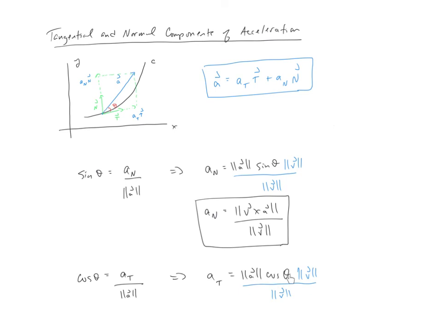And this one is no longer that cross product, but instead it's the dot product. So that's going to give us a sub t equals v dot a divided by the magnitude of v. So there is what a sub t is. And remember, both of these are just constants that we would then use to multiply into these vectors to decompose the acceleration vector.